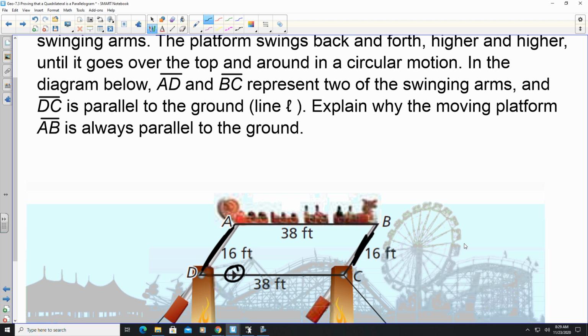Well, we can conclude that this quadrilateral ABCD is a parallelogram because I have congruent sides here and I have congruent sides here. So by the parallelogram opposite sides converse, I can say that this is a parallelogram.